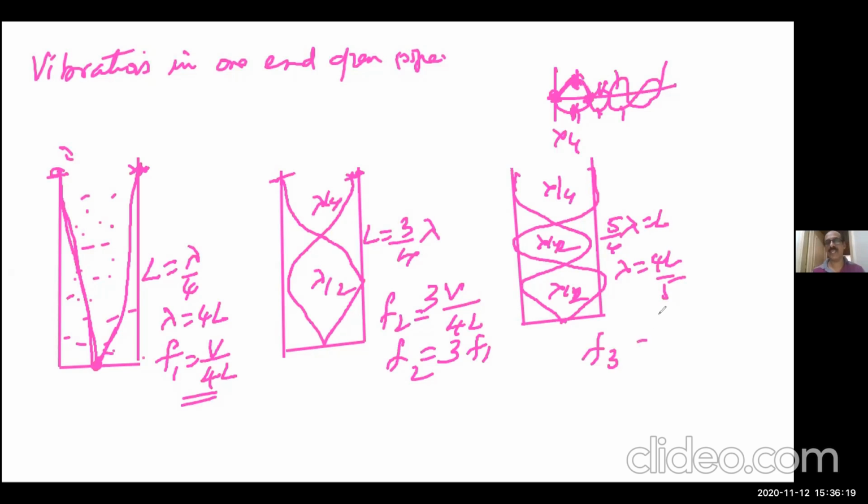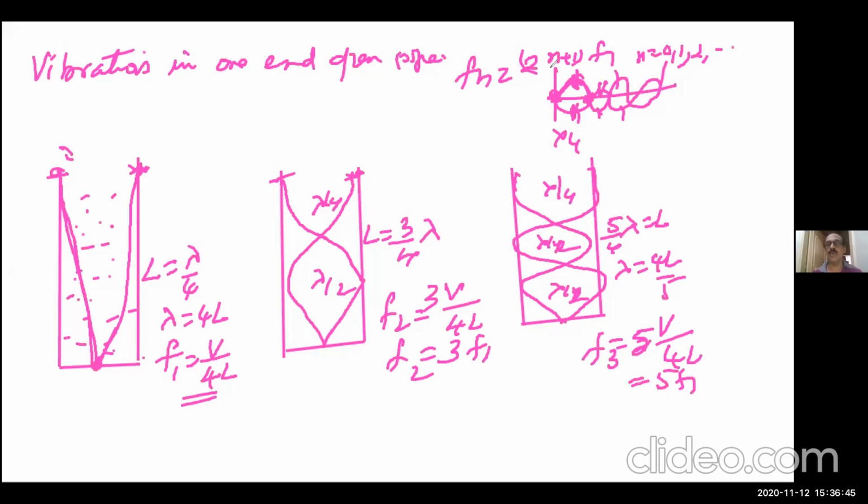Then F3 is equal to V divided by 4L by 5. So 5F1, you see? So F1, 3F1, 5F1, 7F1, like that. Fn is equal to (2n plus 1) F1, n is equal to 0, 1, 2, 3 and so on.